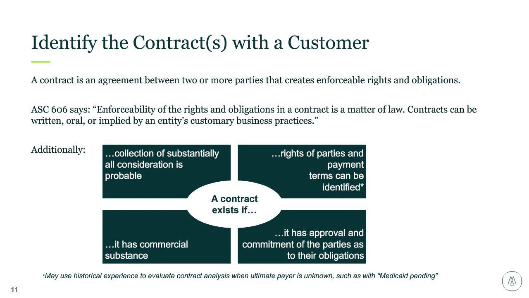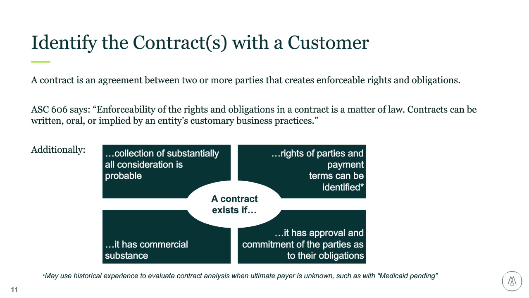Regarding the rights of parties and payment terms, in a provider setting, sometimes the specific payers and the payment amount may be unknown at the time services are provided. For example, a patient may be admitted to a hospital emergency room and be unresponsive. The hospital is obligated to provide services to the patient as required by law.